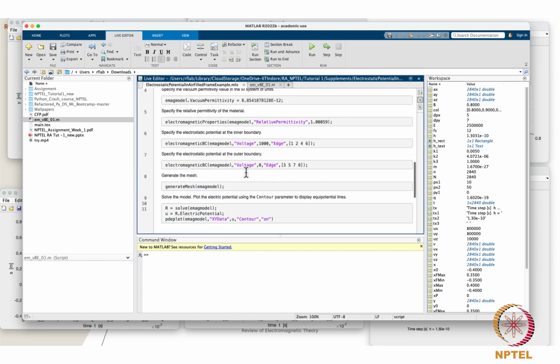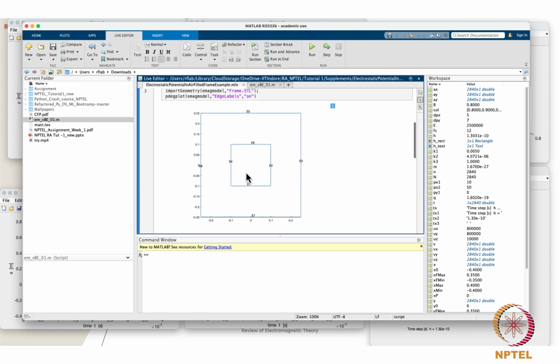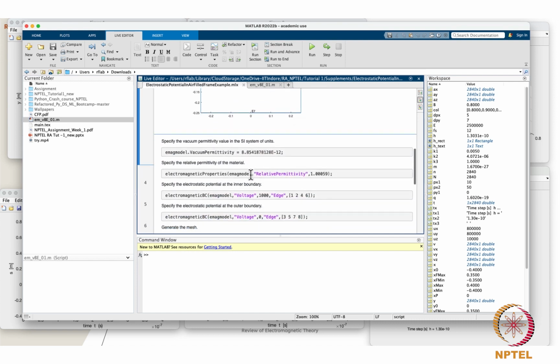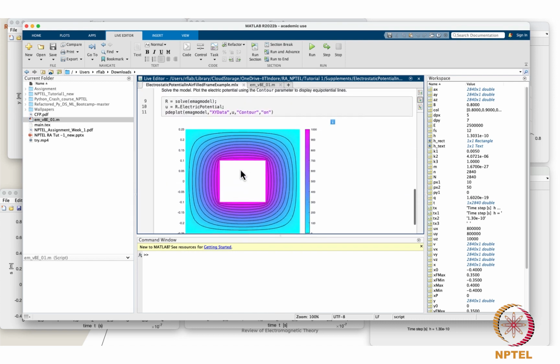What you will think is that the field lines will be created like this and this and this. If you plot a contour using that, you will find that the field is more intense near the high potential square than near the ground.